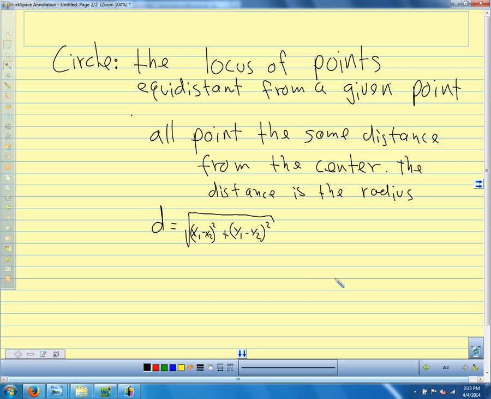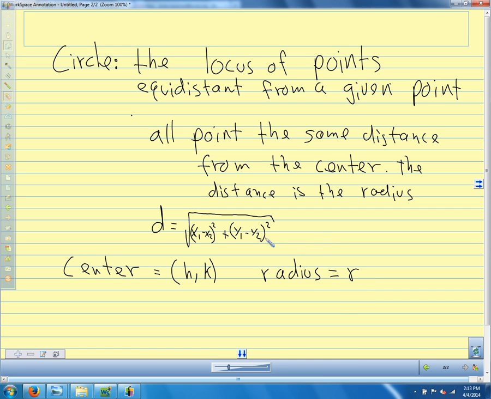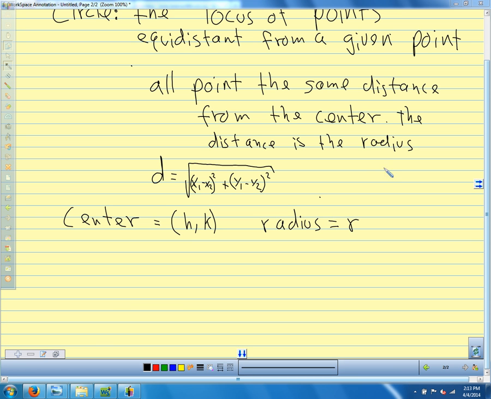conic sections. So what we're going to do is our distance is our radius, and our center is our given point. So when we're dealing with conic sections, we'll use this point (h, k) for a lot of things. So our center is (h, k), our radius equals r. We can plug these numbers into the distance formula and come up with the equation for a circle.